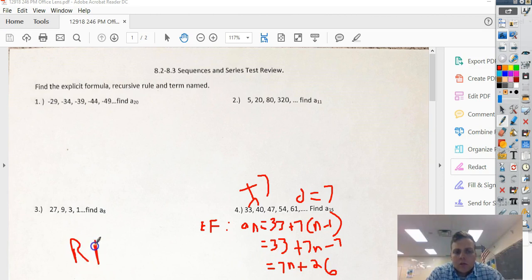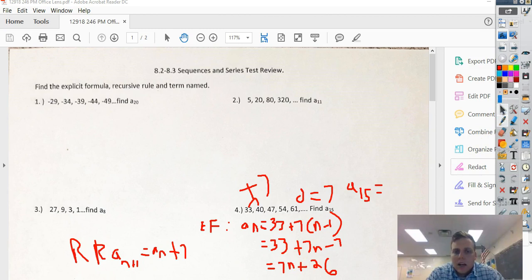Your recursive rule for problem 4 is simply a sub n plus 1 is equal to a sub n plus the common difference, because it's arithmetic, so plus 7. Bam! Done with that. Alright, now I have to find the 15th term. To find the 15th term, all you have to do is plug in 15 for n right here.